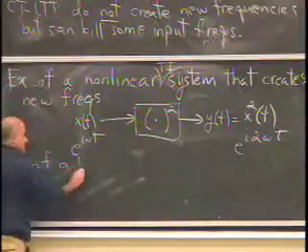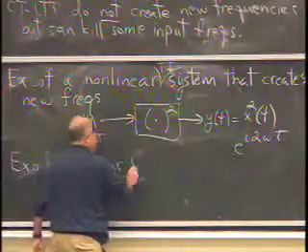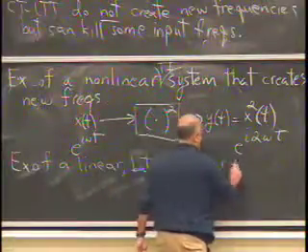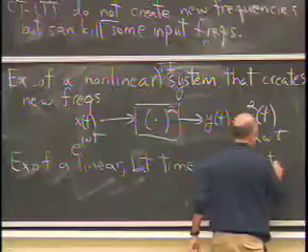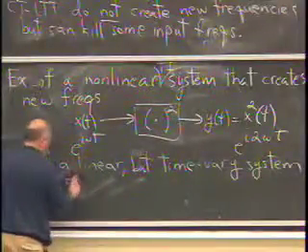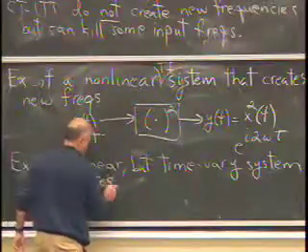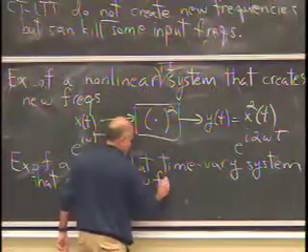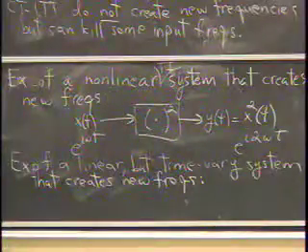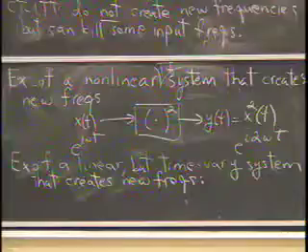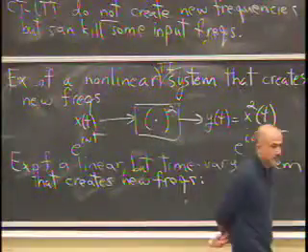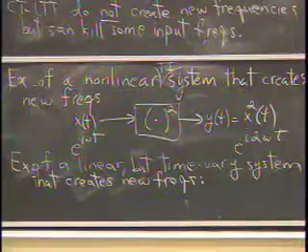Example of a linear but time varying system that creates new frequencies. Can you think of one? Talk to your neighbors. We have done this as an example in the class before. One of the examples we did early on does that.